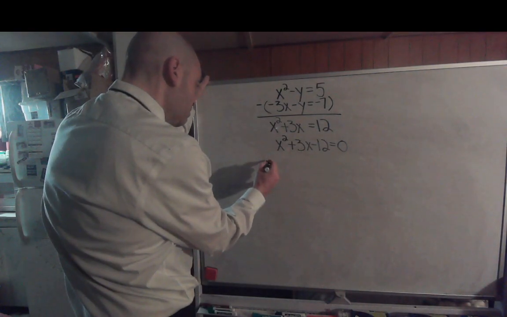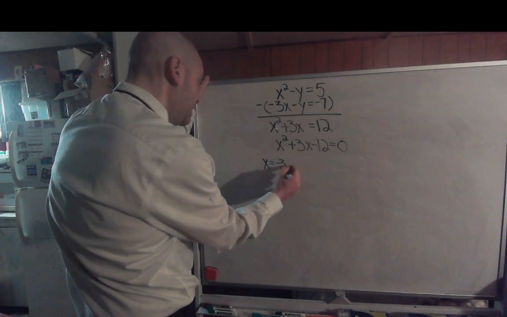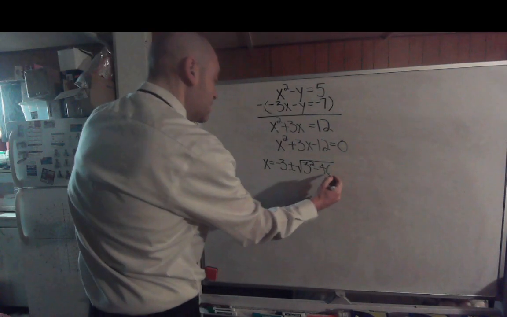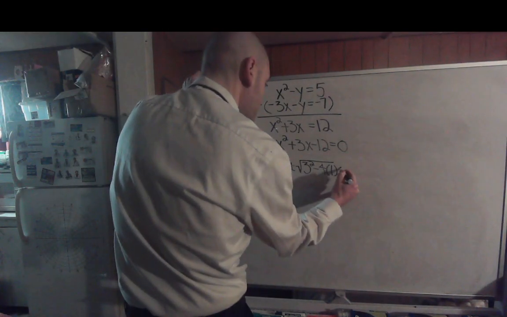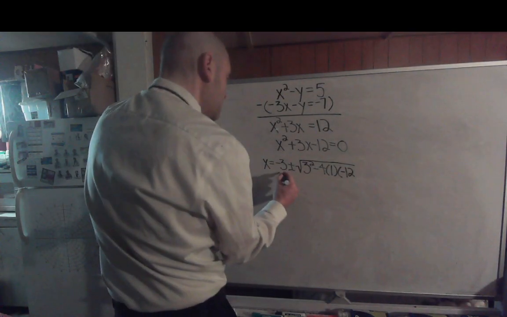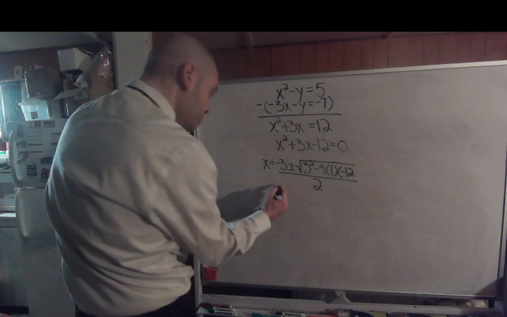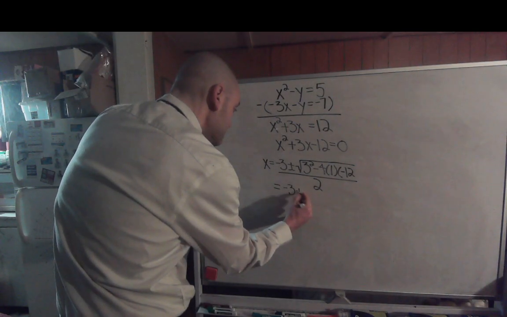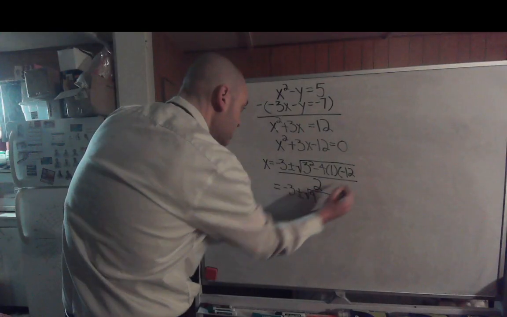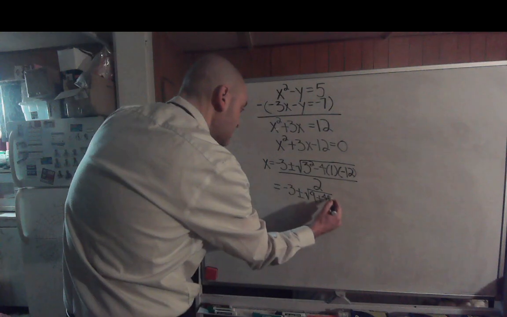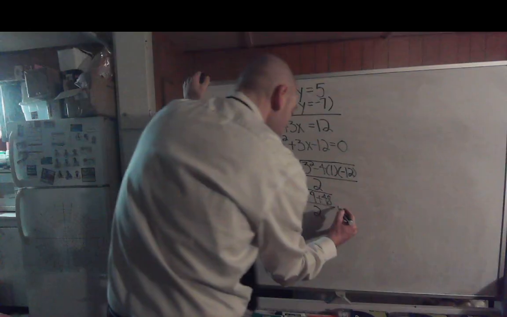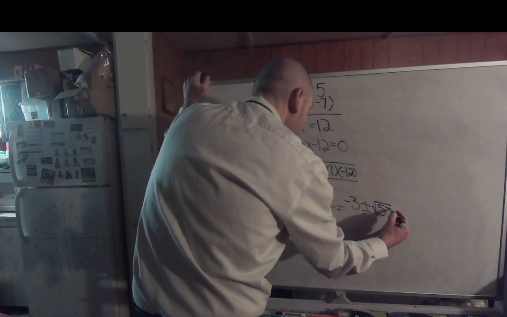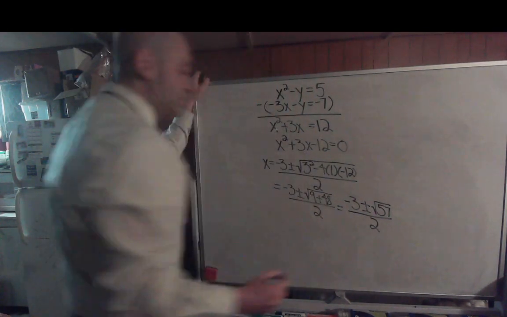So we have x equals the negative of 3 plus and minus the square root of 3 squared minus 4 times that 1 times that negative 12, all over 2, which would simplify into negative 3 plus and minus the square root of 9 plus 48 over 2, which would give you negative 3 plus and minus the square root of 57 over 2. And those are your solutions for x.